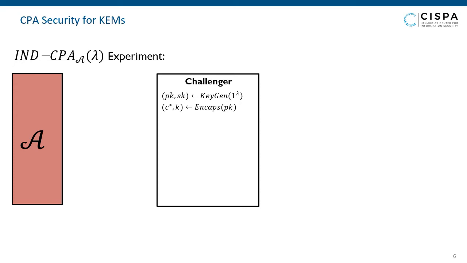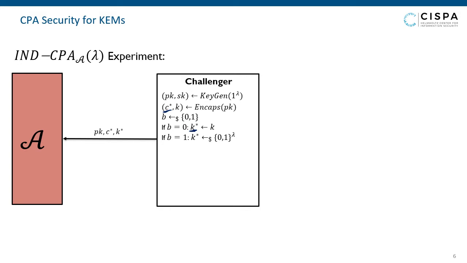Then it runs the Encaps algorithm, which produces a challenge ciphertext C*. Then next it flips a bit b. If b equals 0, it sets the challenge key to be the same key that was produced by the Encaps algorithm. But if b equals 1, it just chooses this challenge key K* uniformly random and fresh.